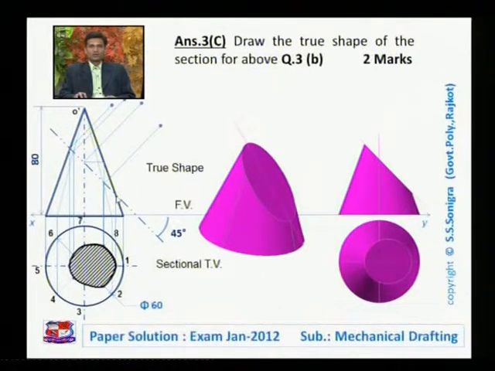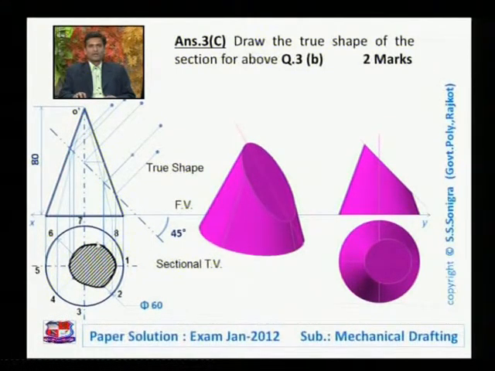Similarly, to find the position of point P1, from this point draw a line like this which makes an angle of 90 degrees with this cutting plane and measure the distance of point P1. This is point P1 from the XY line. Measure this distance, transfer it over here. So this is point P1.